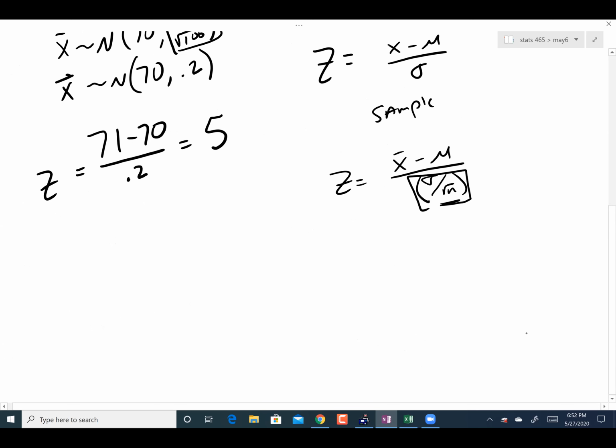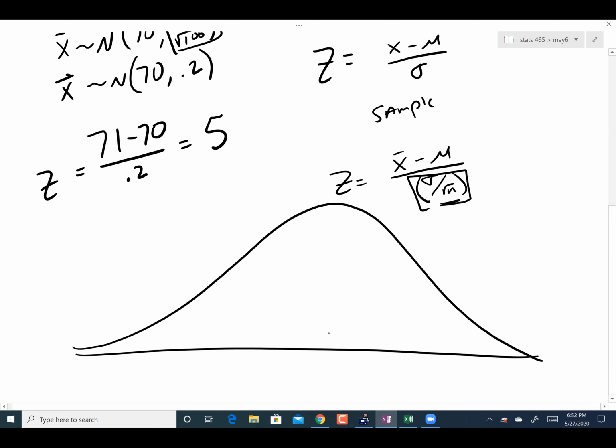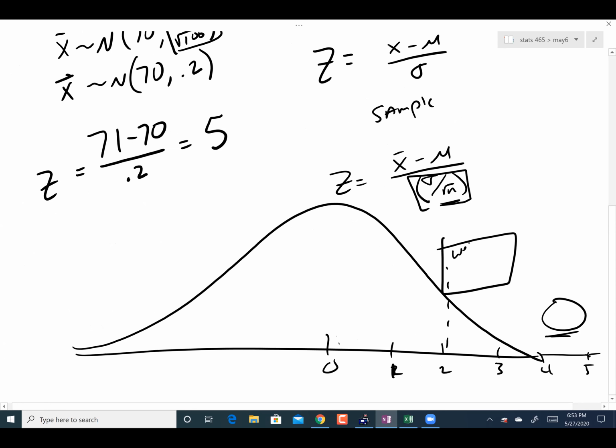So think about this for a minute. Here's 0, 1, 2, 3, 4, 5. How many is from here out? 0. Now, the computer will actually tell you, but it's 0. Right around 2 is where the welcome to Freakville sign is located.